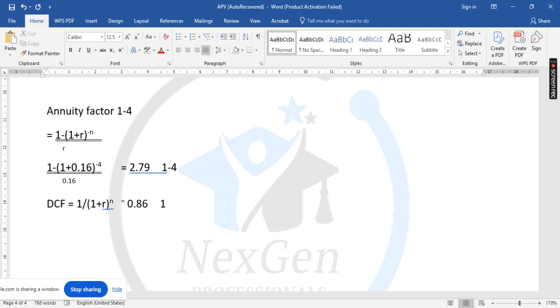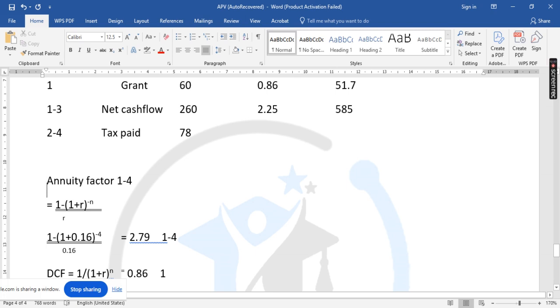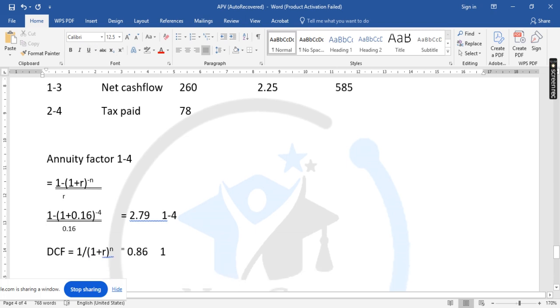So for you to get from year 2 to 4, you have to remove year 1. When you remove year 1 from 2.79, you have 2 to 4.